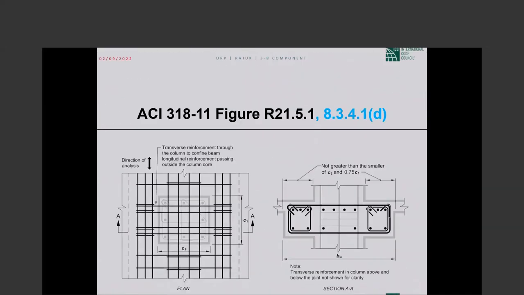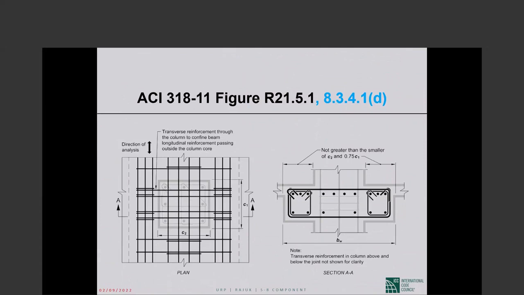Okay, that language is not easy to follow without this figure. So the subject here is when a beam framing into a column is much wider than the column, as shown in this picture.